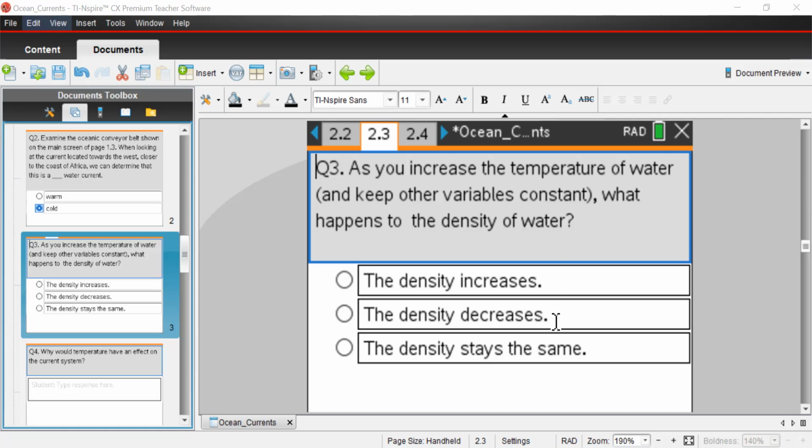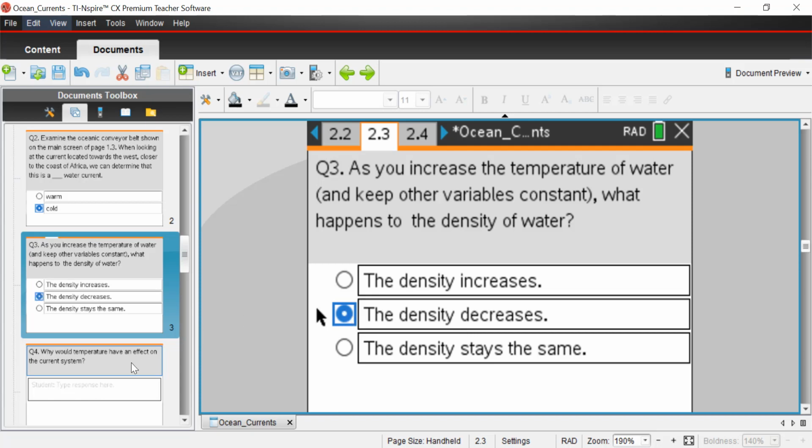And conversely, as you decrease the temperature of water, in general, the density is going to increase. And so these two things are inversely related. Now, there's a special case when we get to freezing water, ice. But for this lesson, I think it's sufficient that you know that temperature increases cause density decreases. So it's going to be this one.